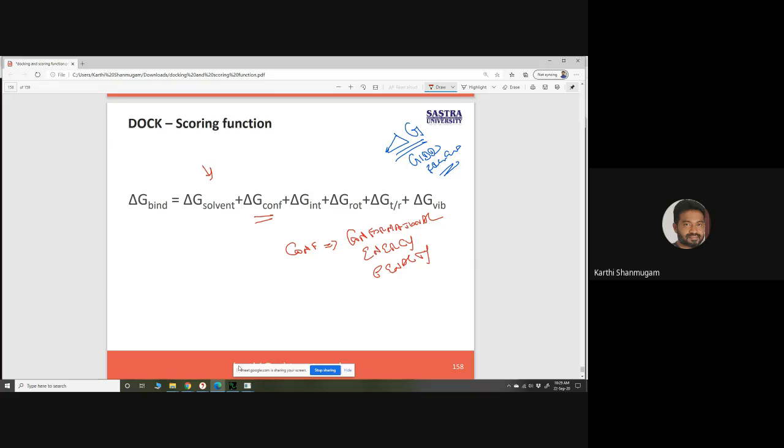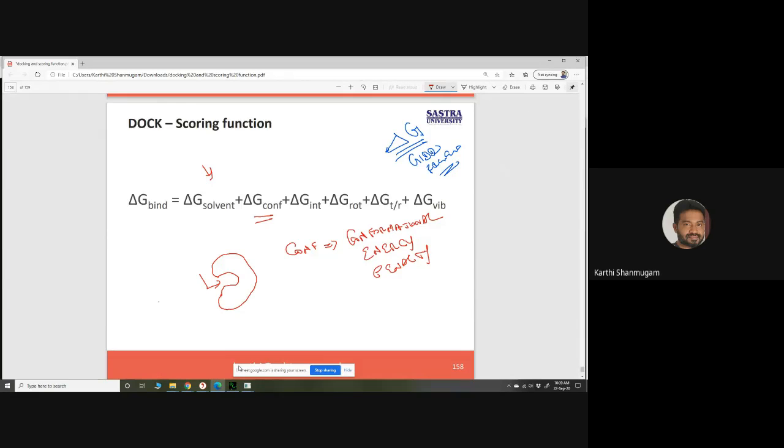So for example, you have a protein binding site, and the shape of the protein binding site is something like this. Okay, this region is the shape of the protein binding site. So now you have a ligand molecule.